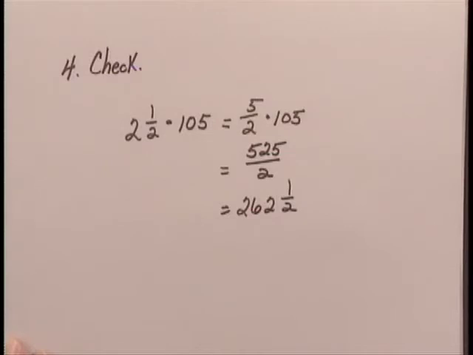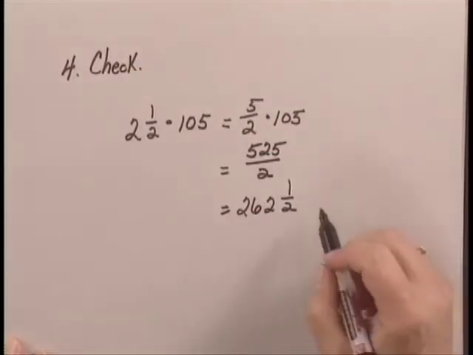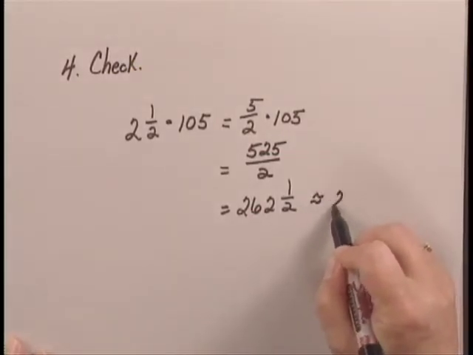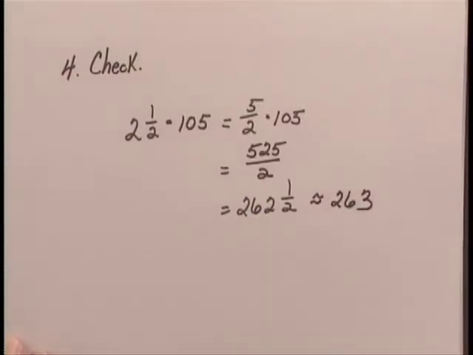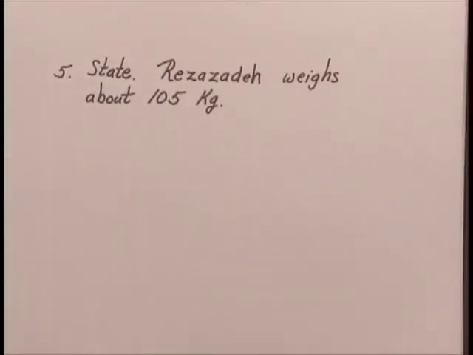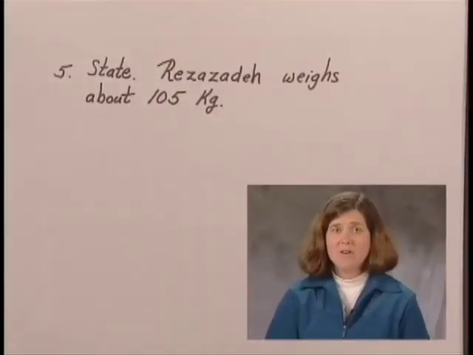Now remember, we rounded to get to 105, and 262 and 1/2 is very close to the 263 that he lifted. So we do have a check. So we can move to our fifth step, and that is to state that Rezazadeh weighs about 105 kilograms.